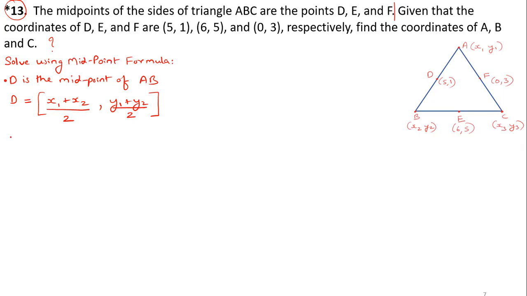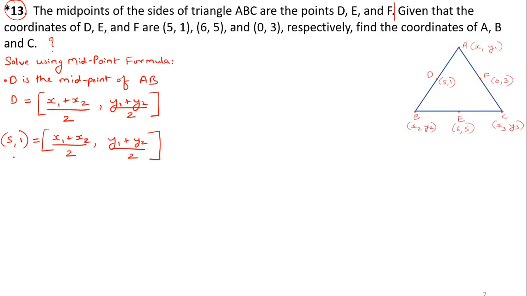But in the question they have already given the coordinates. So instead of D I can write 5 comma 1. So 5 comma 1, which they have already given, is equal to x1 plus x2 divided by 2, y1 plus y2 divided by 2. We don't know what x1, y1, x2, y2 are, so we'll keep it as it is.